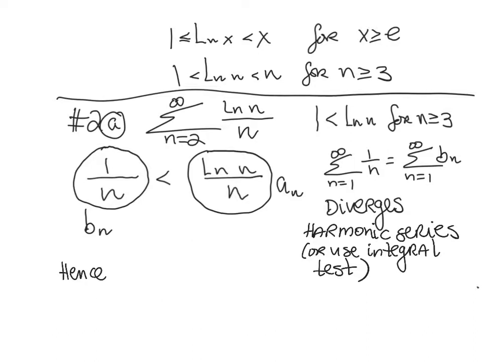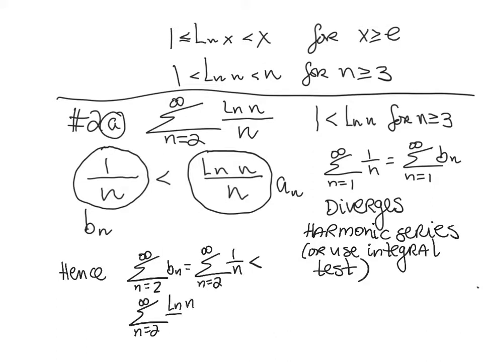So here's the conclusion. The summation from 2 to infinity of b sub n, which is the summation from 2 to infinity of 1 over n, this series already diverges, and is smaller than the series summation from 2 to infinity ln of n over n, which is the summation n equals 2 to infinity of a sub n.